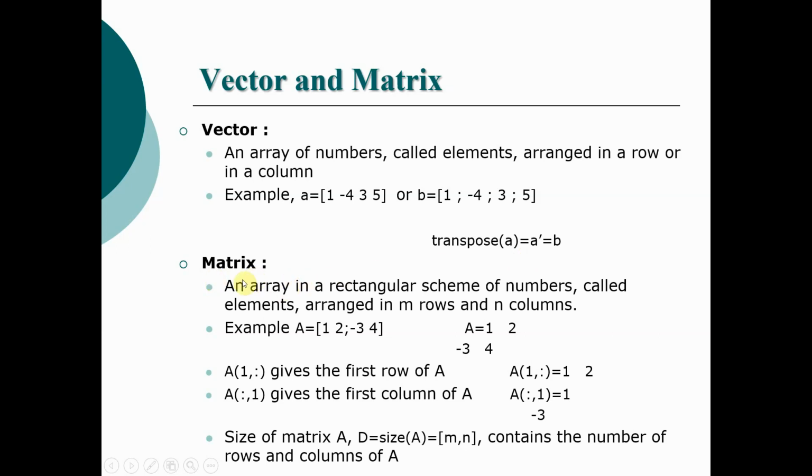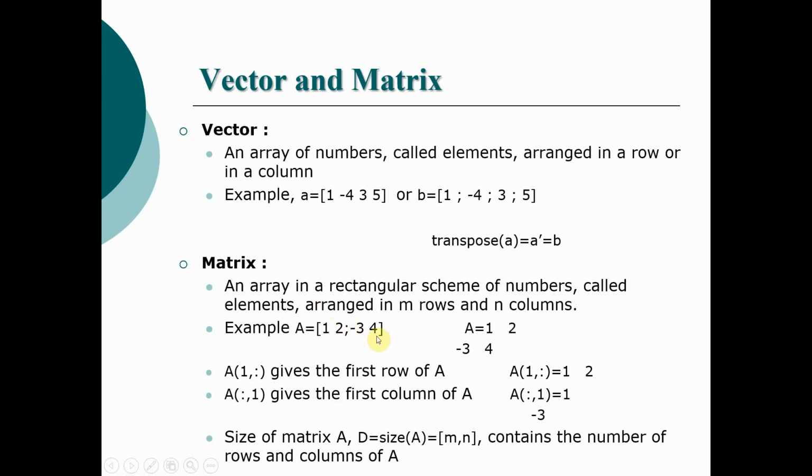A matrix is an array in a rectangular scheme of items called elements, arranged so that we can have any number of rows and any number of columns. Let's assume that we have m rows and n columns. In the first row we have two items, 1 and 2, so this matrix has two columns.